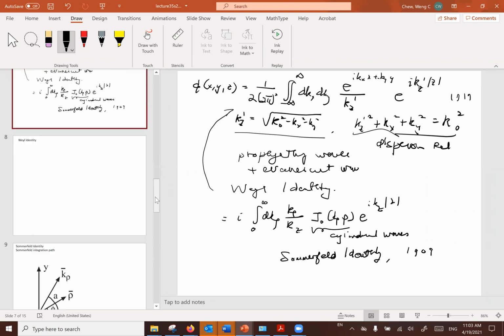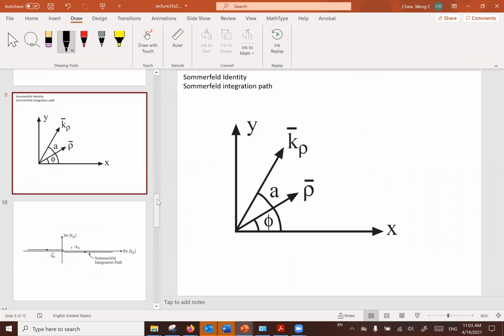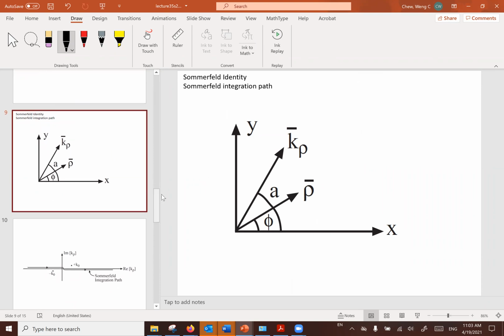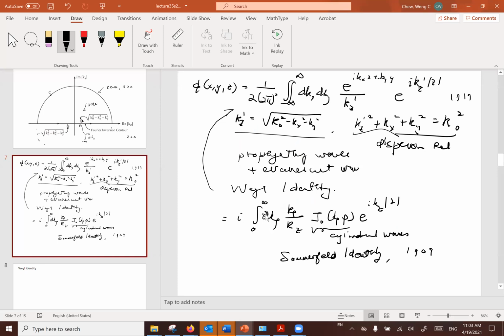And then I'd like to mention that if you do the Sommerfeld identity, essentially you change the integration from Cartesian coordinates to the cylindrical coordinate system. And then you will have to think about this integration path. This integration path is good because it goes from 0 to infinity, which is efficient if you were to do it numerically.